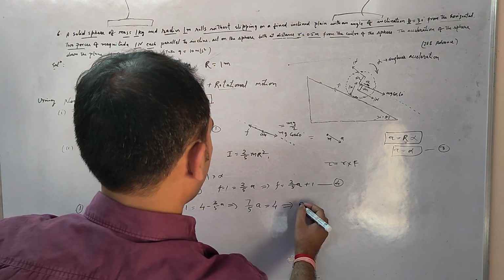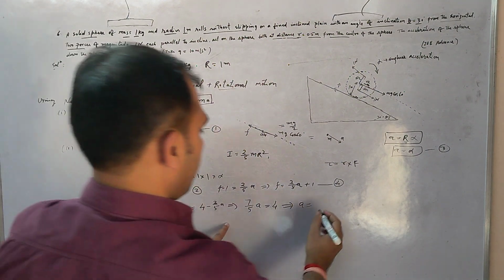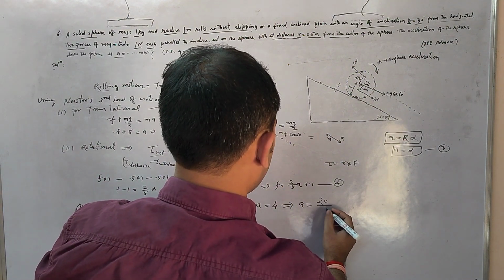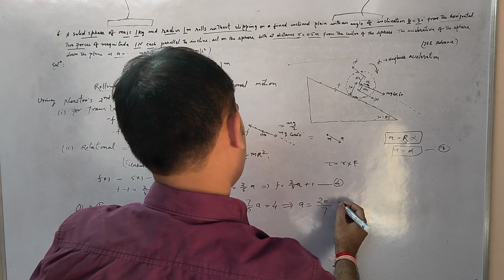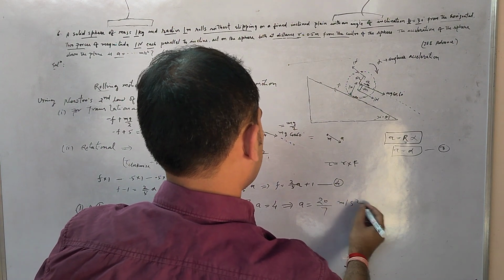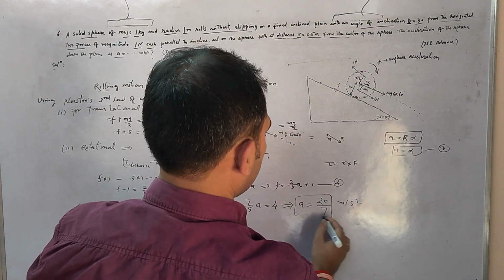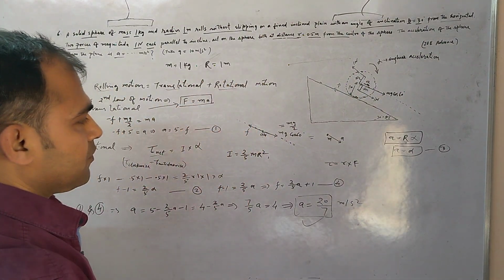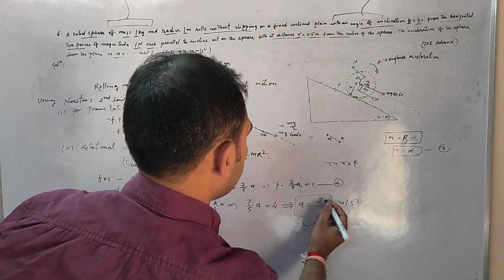So value of A will be 20 by 7 meter per second square. This was our required answer, 20 by 7.